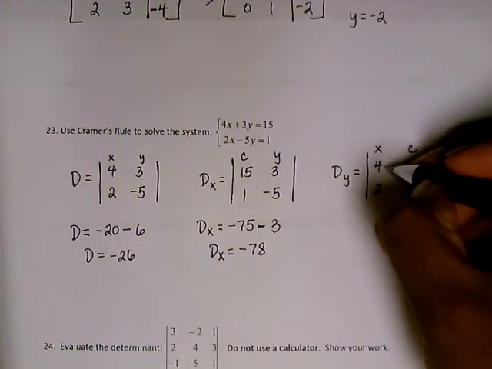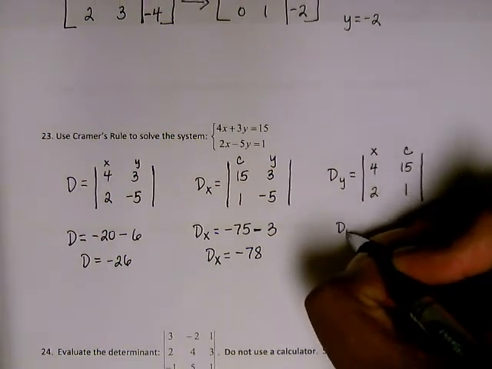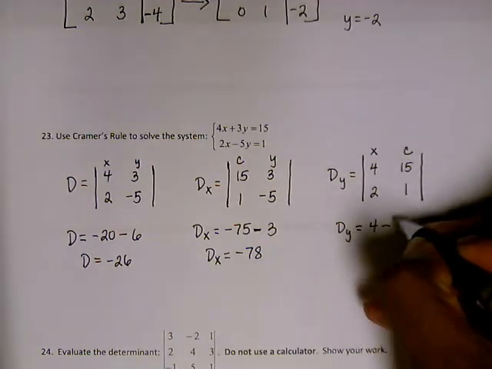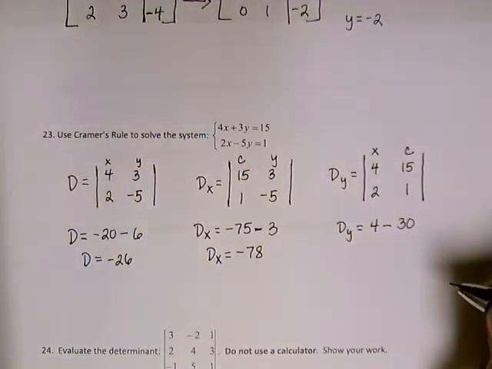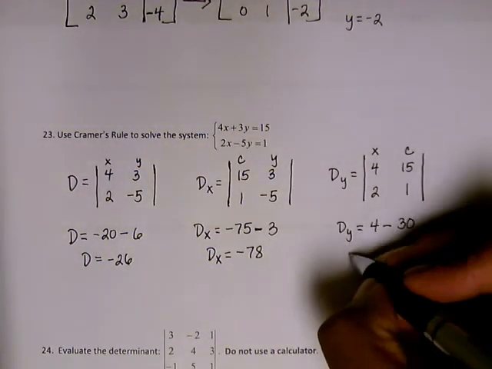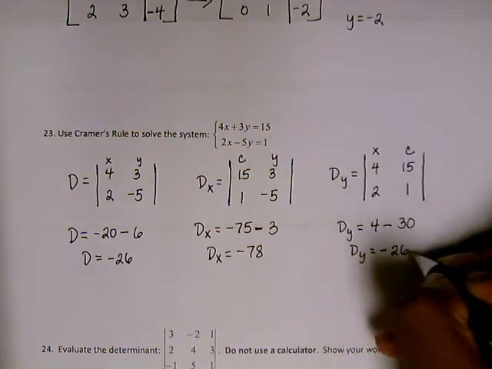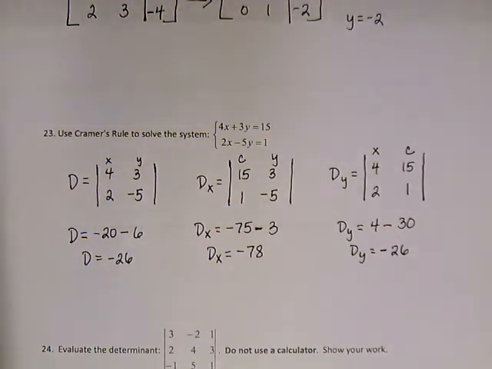And then for d sub y, 4 times 1 will be 4, minus 2 times 15 will be 30. And then 4 minus 30 will be negative 26. So d sub y is negative 26.